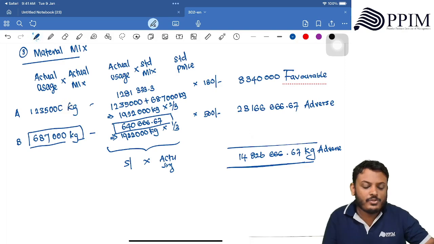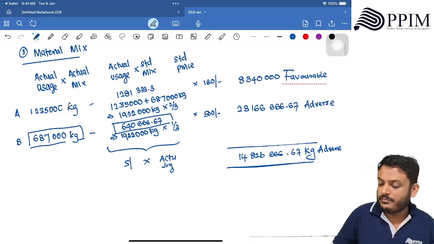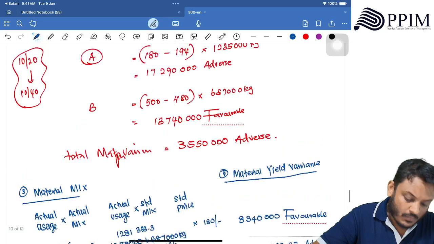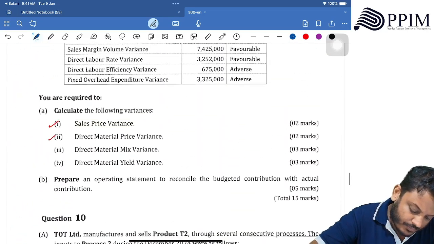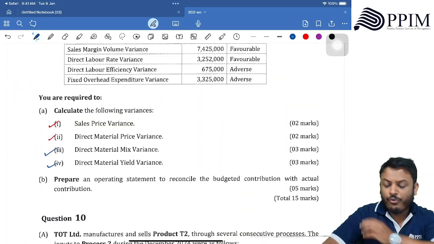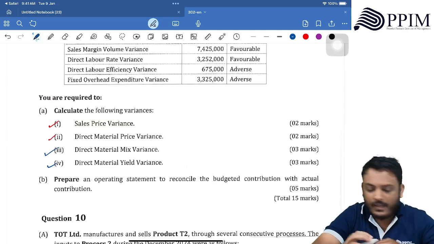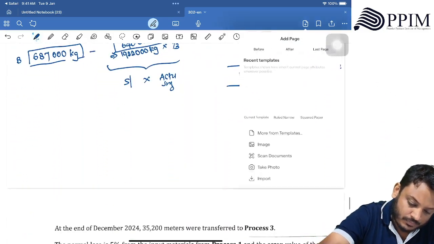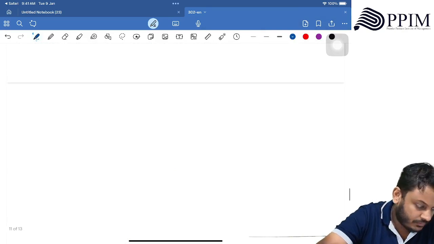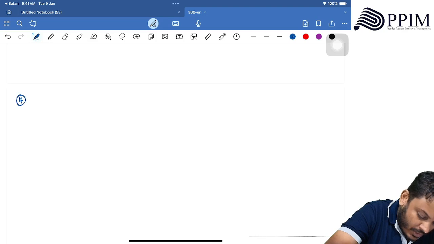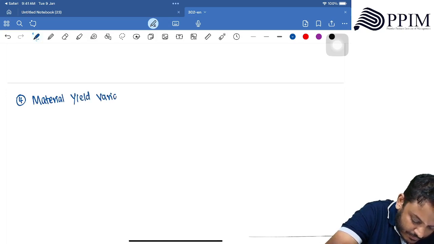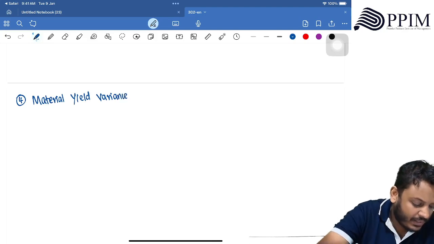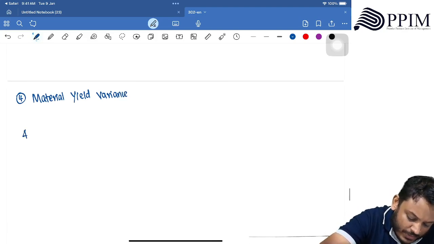Now, let's do the other part. Question number 4, material yield variance. Write down the fourth one. Material yield variance. So for material yield variance, we have two materials here.